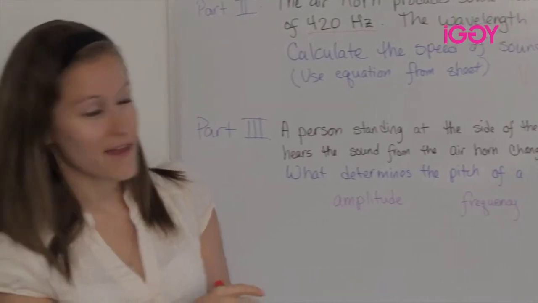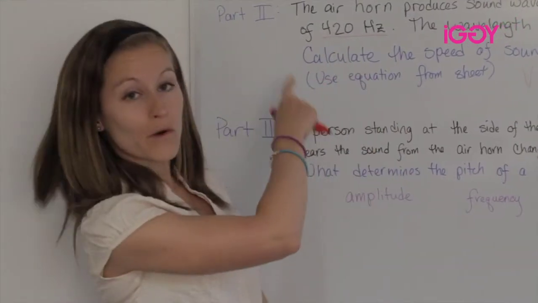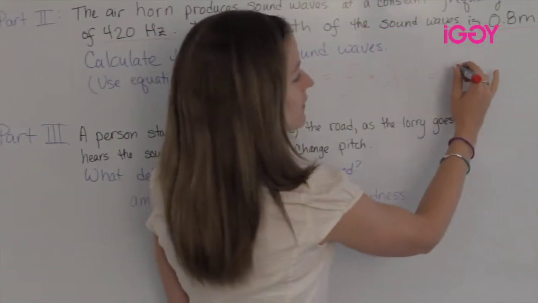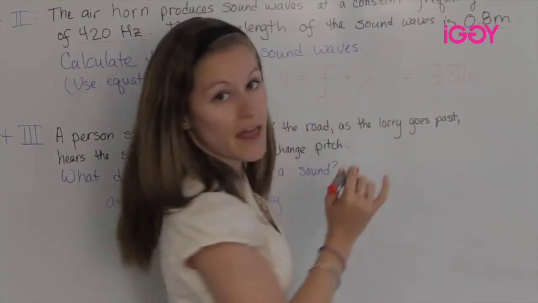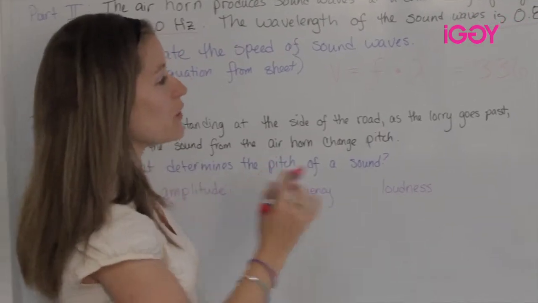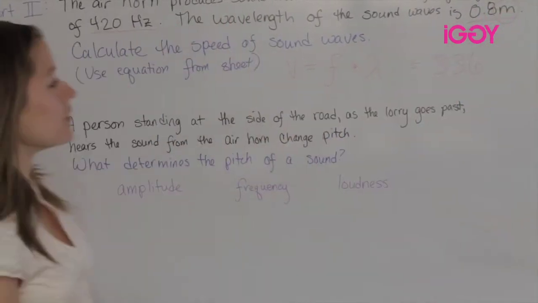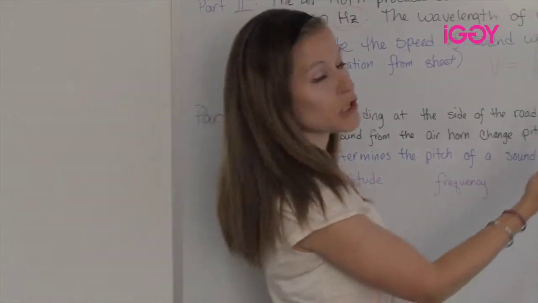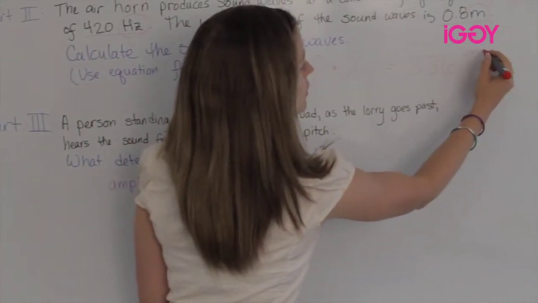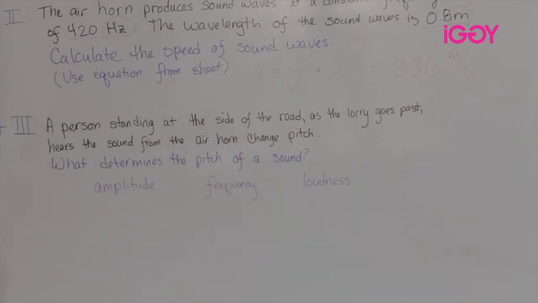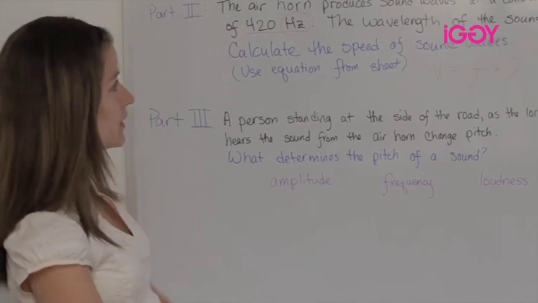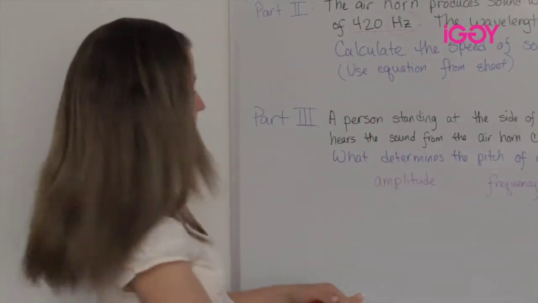I've already done the math, and 420 times 0.8 is 336, and the units are going to be meters. Remember I said hertz was 1 over second, so the units are meters per second, which is what you would expect for a quantity of speed. So that part is now done.